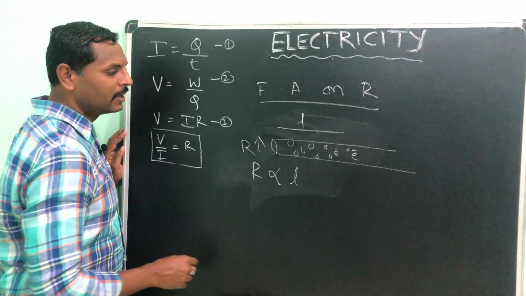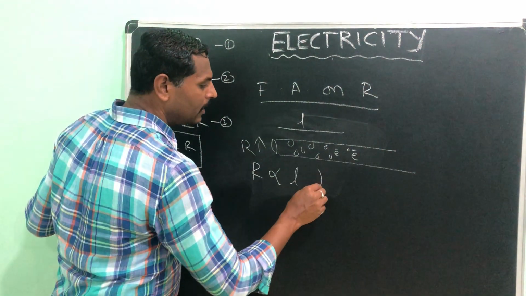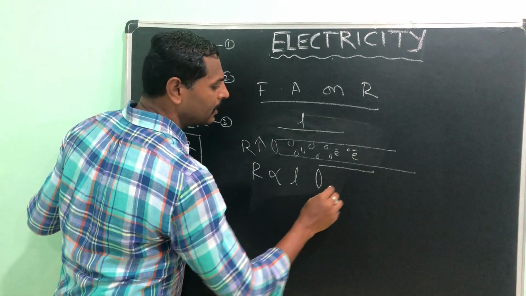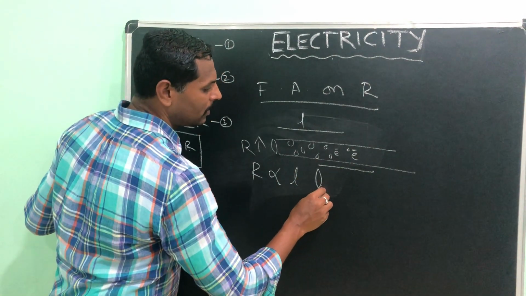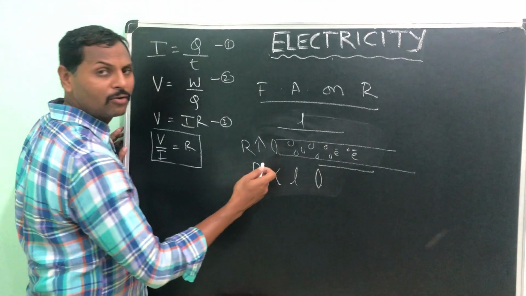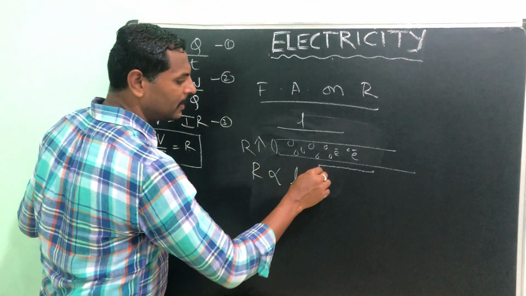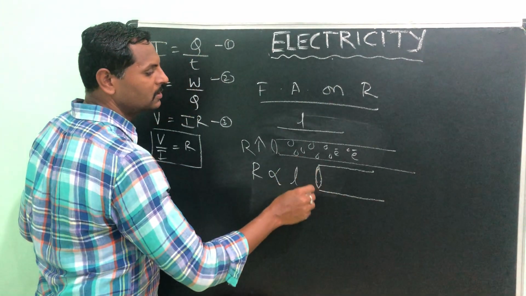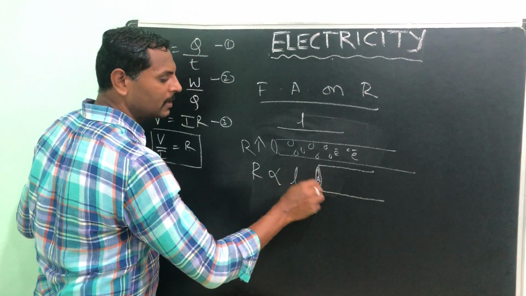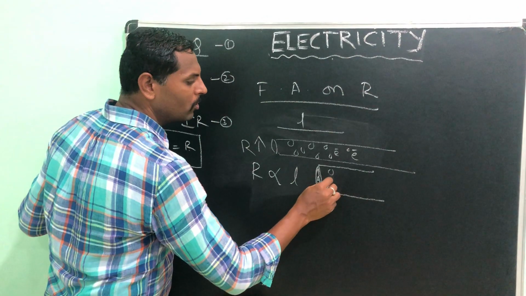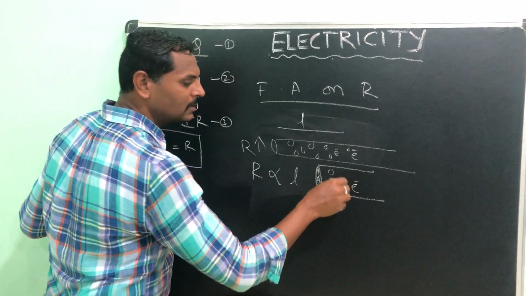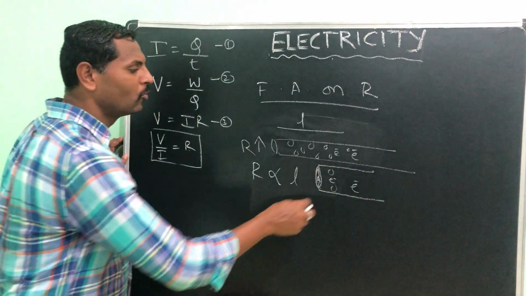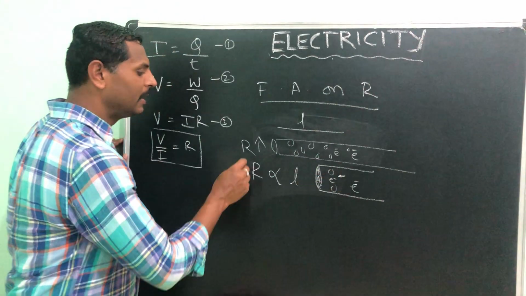Okay, then if I take smaller length, there will be a lesser resistance. If I take the area of cross section of a conductor, suppose this is the area of cross section, then you will have more space, right? Fewer electrons are there, more space, then there will be less resistance.